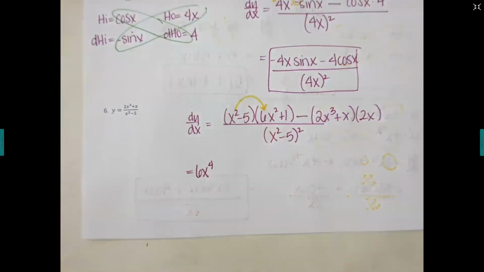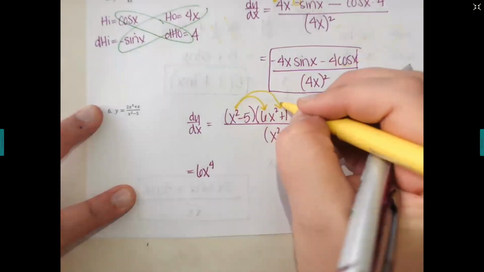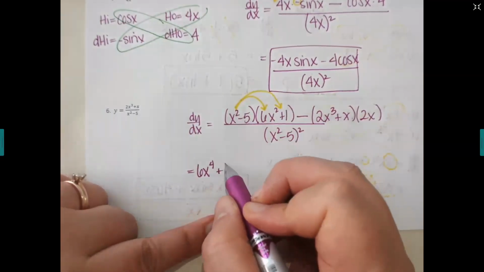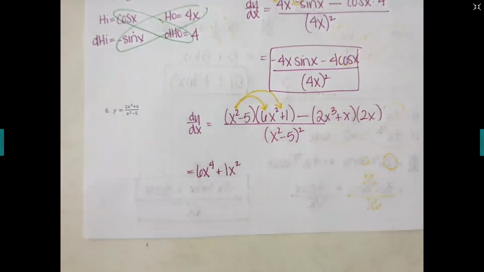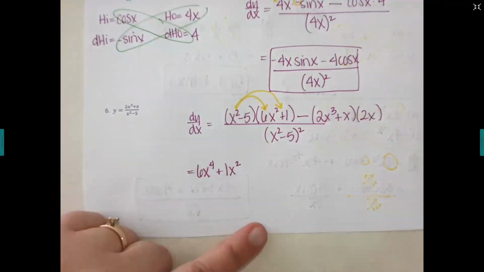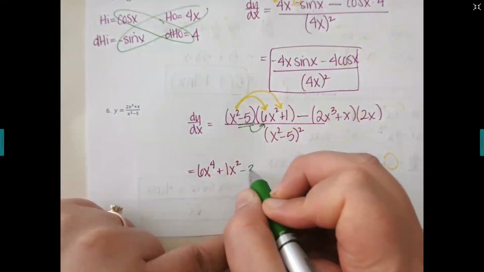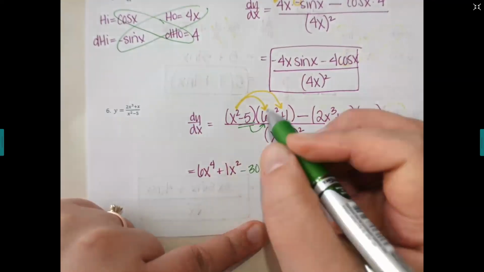6x to the fourth. And remember, we're adding those 2's to get to 4. Next, I want x squared times 1. What's that going to be? X squared times 1 would be 1x squared. All right, next term, we're doing a -5 times a 6. That would be a minus 30x squared.